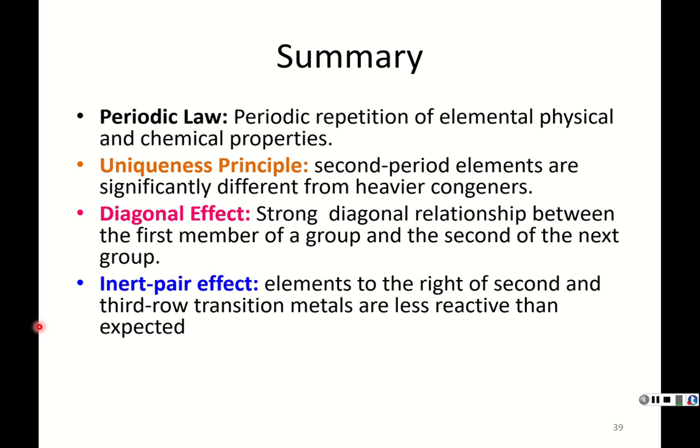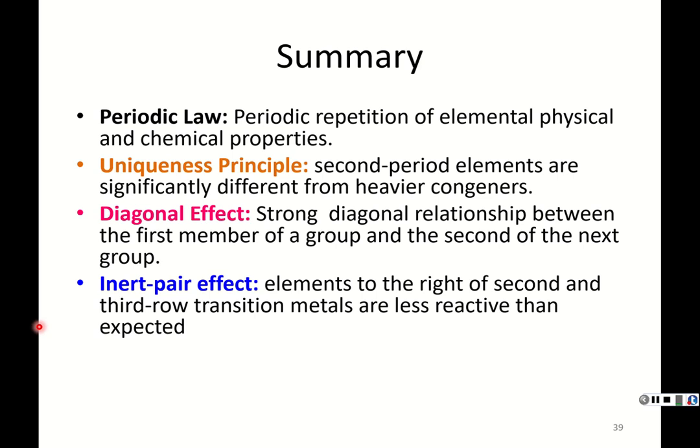And then again, the inert pair effect. That's for elements to the right of the second and third row transition metals. I think I misspoke earlier, saying that it's the transition metals. It's not. It's the main group metals that are to the right of those second and third row transition metals.